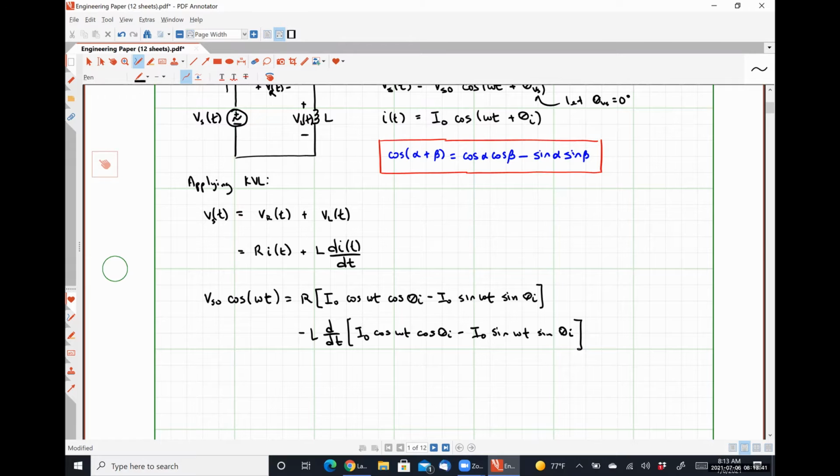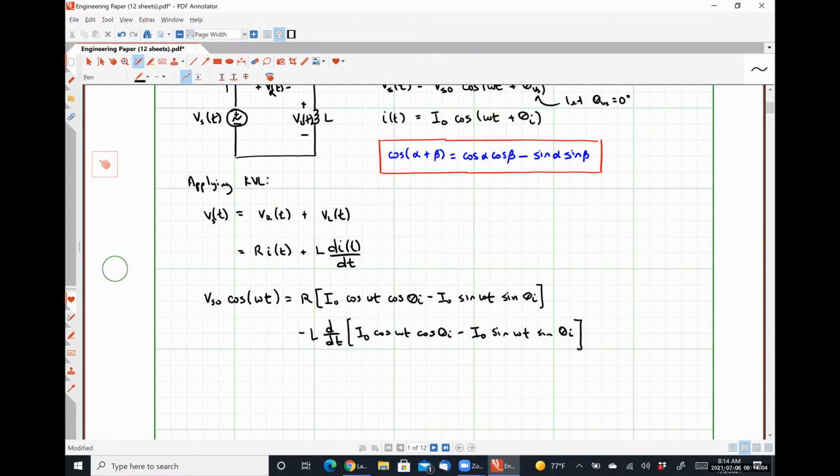I am going to say I naught is just a number, right? It is a magnitude, so it's going to have some specific value. And cosine of theta I is also going to have some specific value, because theta I is a constant number. And so when I take the cosine of that constant angle, I get a constant value.